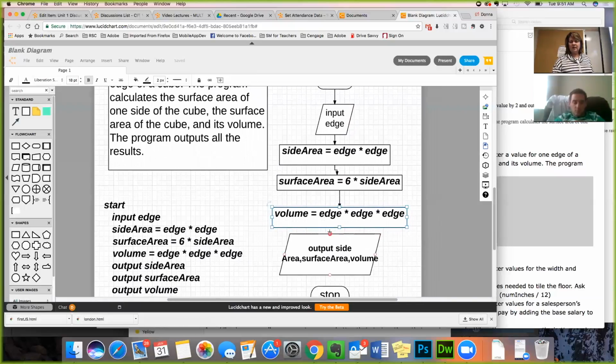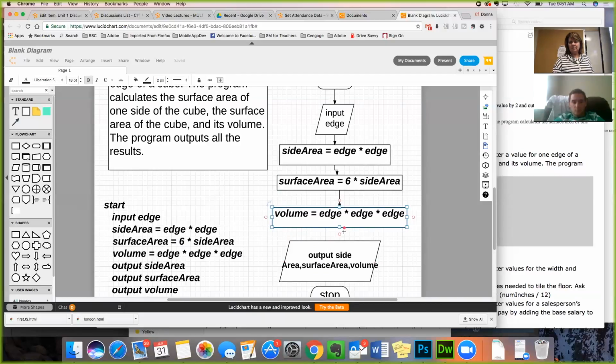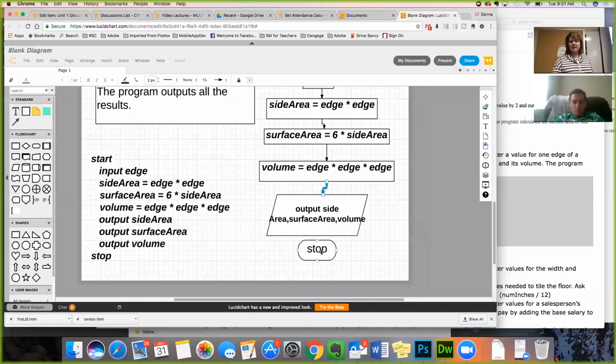So if I capitalize a variable name, then I need to capitalize it the same when I copy it down as output.